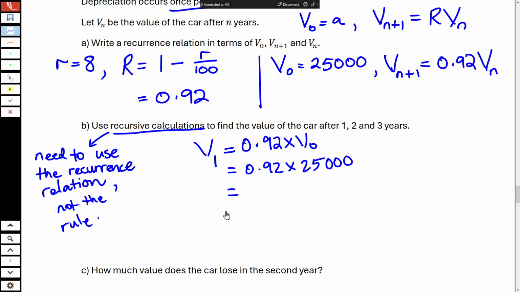And if you do this calculation, I believe you will get 23,000. Let's double check that. All right, Polly, I'm going to ask you, how can we get V2?